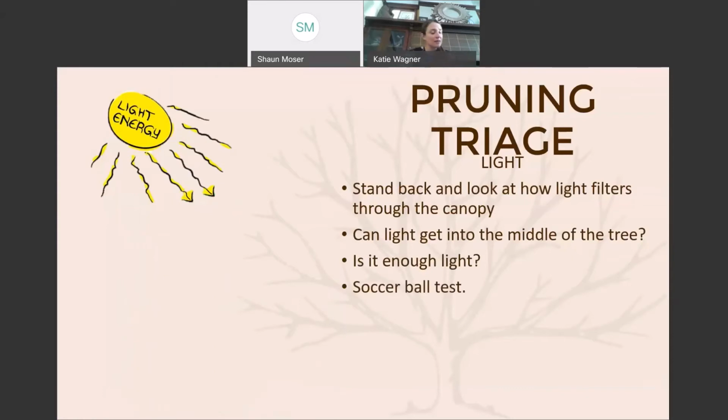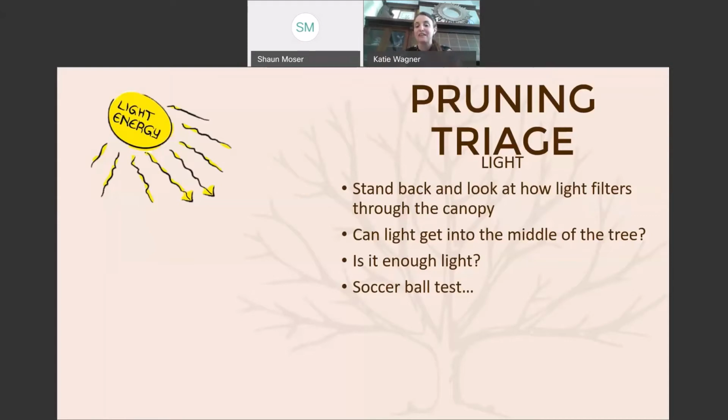And so there's something called the soccer ball test. That's basically if you want to make sure that your scaffolds, and again, I'll show you what these forms look like for these different types of tree in a minute. I promise I'll give you something a little bit more visual to look at. But the soccer ball test is if you were to kick a soccer ball, you should be able to kick that soccer ball in between two scaffolds without the soccer ball hitting either of the scaffolds, right?